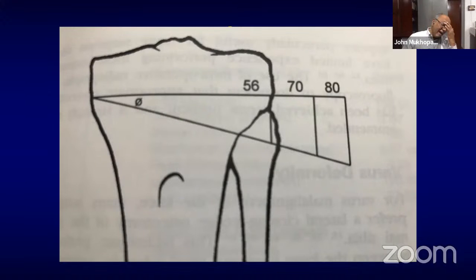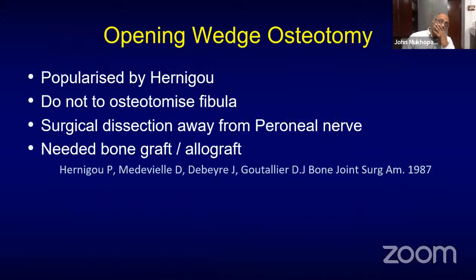Now, this is fine if the width of the proximal tibia is 56 millimeters or 5.6 centimeters. But if the width is more, then you get less correction. If the width is less and you take 1 centimeter, you'll get more correction. So again, it affects the accuracy of your correction if you go by this rule of thumb of 1 centimeter being equal to 10 degrees of correction.